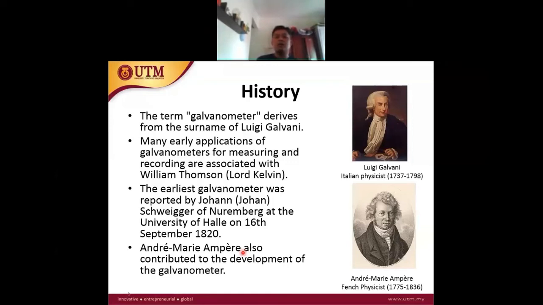Many applications followed, with William Thomson or Lord Kelvin. And the earliest galvanometer was invented by Johann Schweigger in Nuremberg at the University of Halle back in the 19th century. Okay.